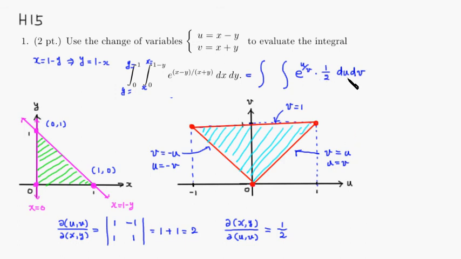So for fixed v, you go from this point all the way through that point, so u goes from negative v to positive v. Then to cover the entire shaded region, v starts from here, gradually increasing, and goes up to positive 1. So v is going from 0 to 1.